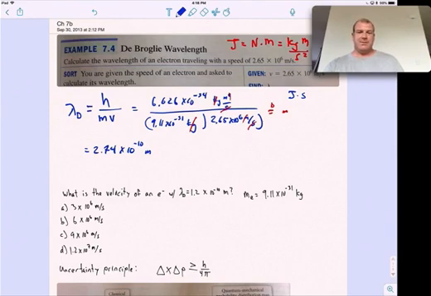So that's an electron. What if instead of an electron traveling that way, we put Professor Ferguson at 118 kilograms going towards that? So let's see what my de Broglie wavelength is at that velocity. Let me enter 118. There we go. All right.